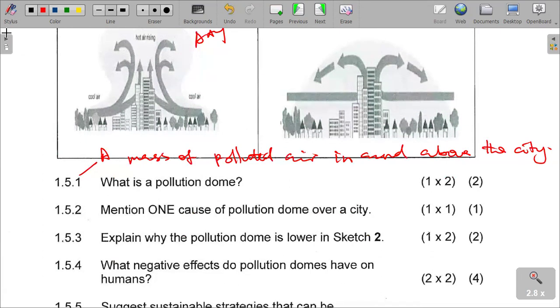Question: mention one cause of a pollution dome of a city. 1.5.2. What are the causes? We can have problems to do with car exhaust fumes, smoke from industries, domestic fires.